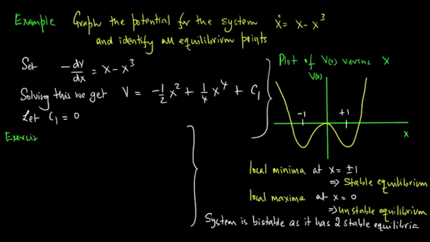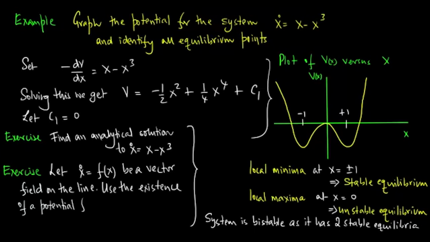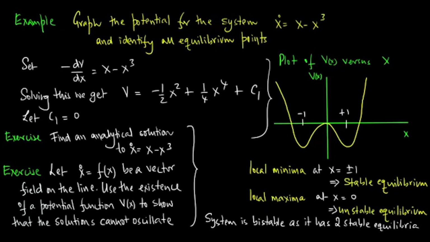So here's an exercise. Can you find an analytical solution to x dot is equal to x minus x cubed? So let's consider another exercise. Let x dot is equal to f of x be a vector field on the line, and use the existence of a potential function V of x to show that the solutions actually cannot oscillate.